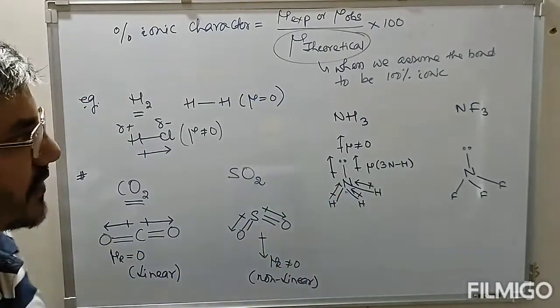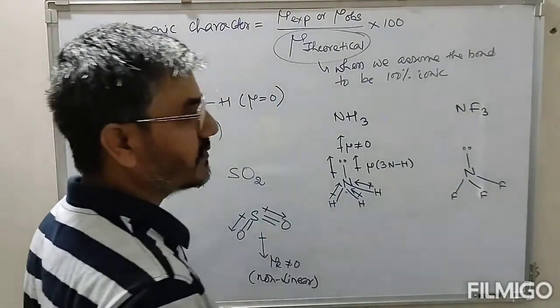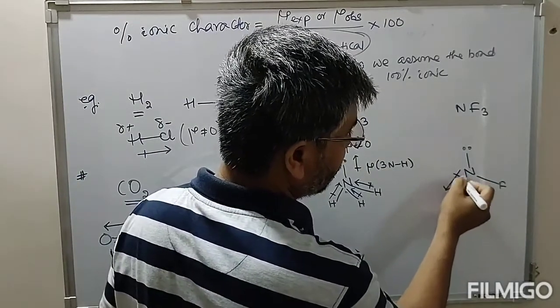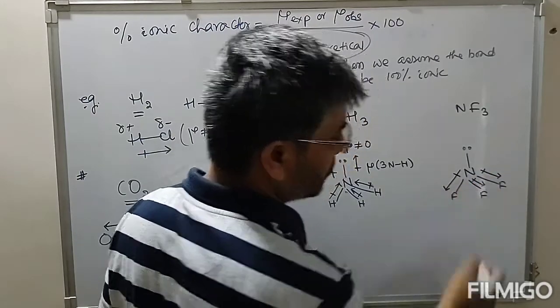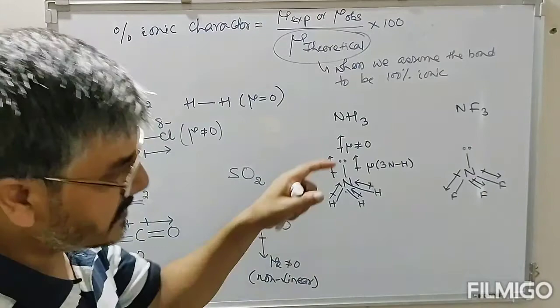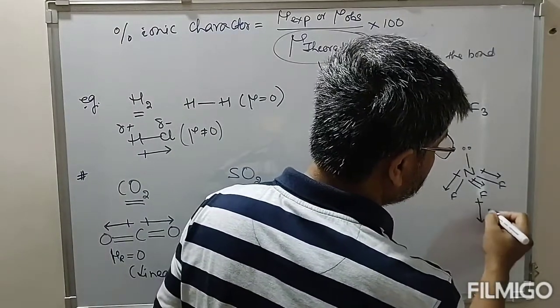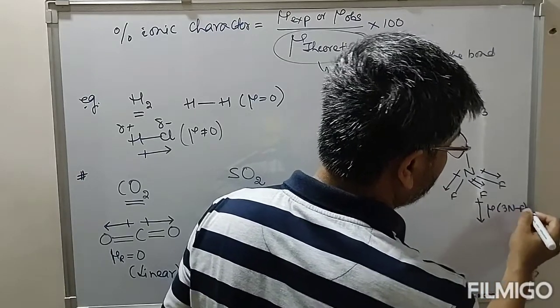On the other side, we have NF3. Fluorine is more electronegative than nitrogen, so the direction of the dipole should be from nitrogen to fluorine. We have three nitrogen-fluorine dipoles, and the resultant of these three will be downward. This is the resultant for the three nitrogen-fluorine dipoles.